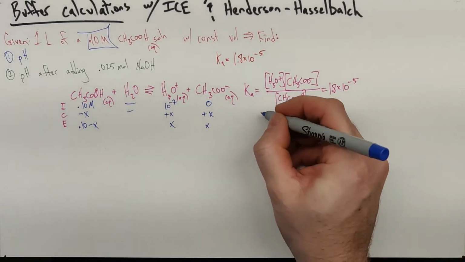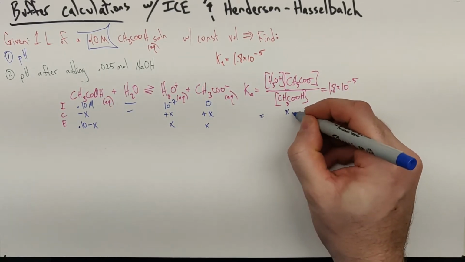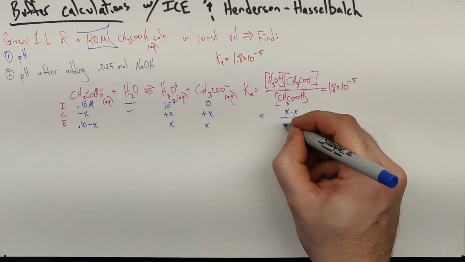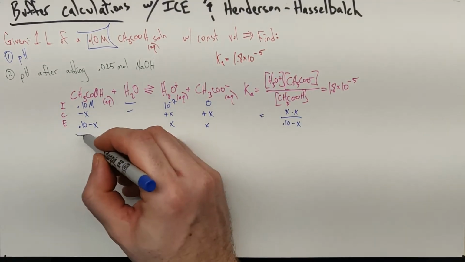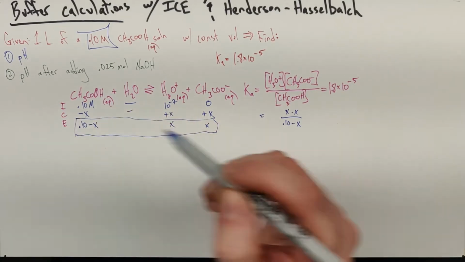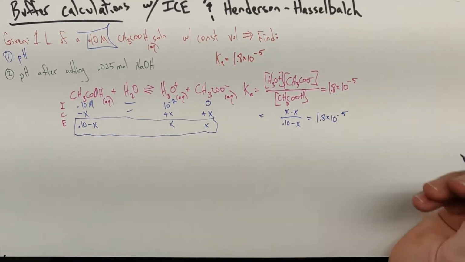In this particular case, we get x times x over 0.10 minus x. These equilibrium amounts are the ones that I'm looking at for that calculation. And this is supposed to equal 1.8 times 10 to the minus fifth.